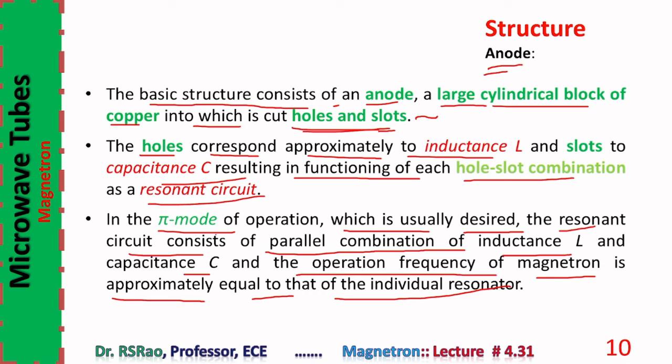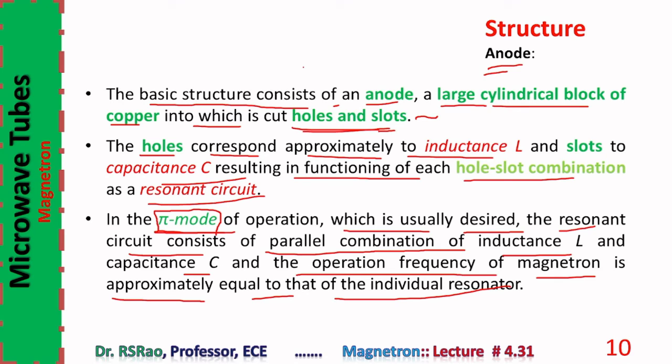Here a new term has come into being for the first time, pi mode of operation. As already mentioned, several different modes are possible when the device magnetron is functioning in one mode, one of those several modes. Alternate poles, they remain in phase, and side by side poles, they exhibit a phase difference of pi or 180 degrees.